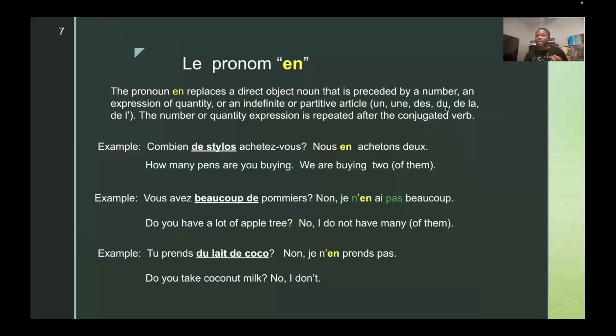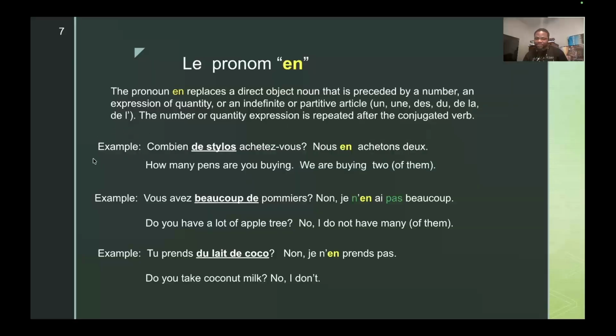Partitive articles are du, de la, de l', and also des, which is also partitive. It depends. Now, the number or quantity expression is repeated after the conjugated verb.